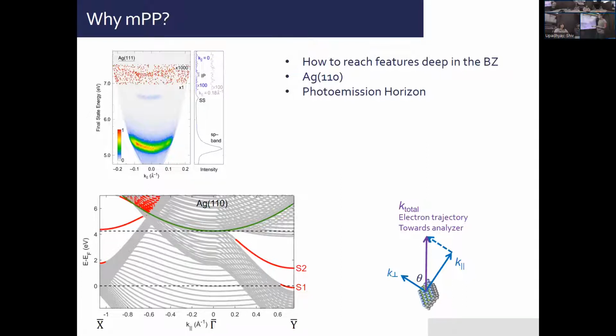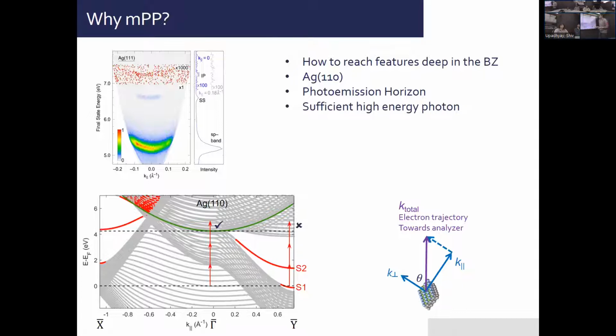So if we use 3 photons to excite the electrons at the gamma point, we can detect them. However, if we use the same process around the Y point, we cannot detect the photoelectrons because they didn't overcome the photoemission horizon.